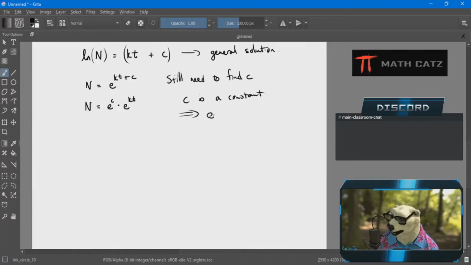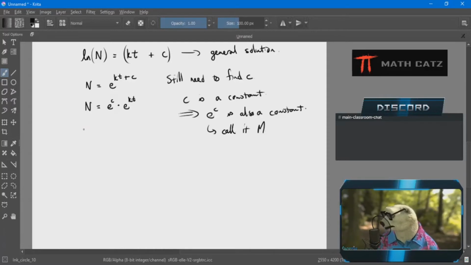Now if c is a constant, that would mean that e to the c is also a constant. So whether I try and find a value for c or e to the c, it doesn't really matter as long as I find one of them. So just so it's a little bit nicer, let's call it M or something.